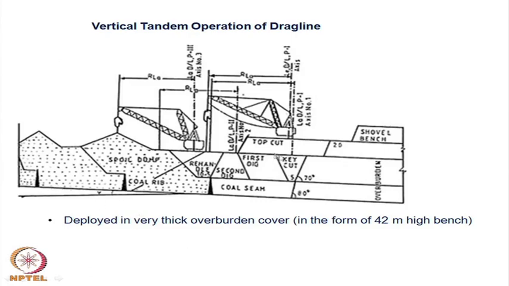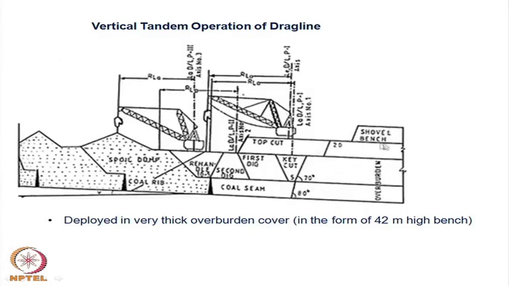Now, you just see the range diagram, in which we can see a number of things. The coal seam is getting cut; the coal bench slope angle is 80 degrees, and the overburden has 3 benches, a very thick overburden, where 70 degrees is the slope angle.